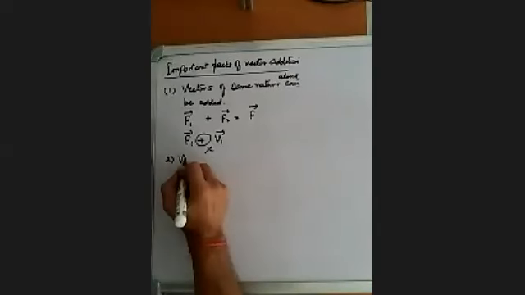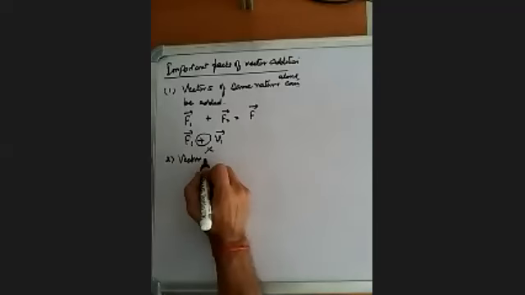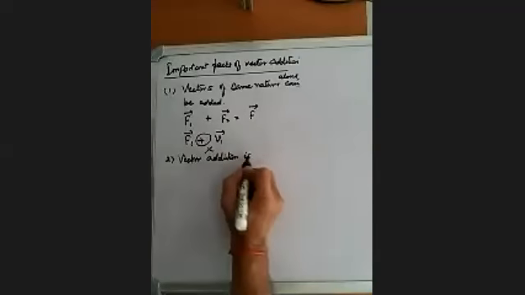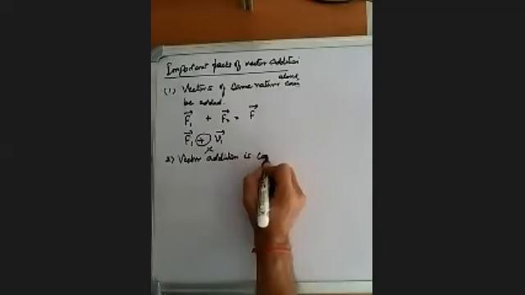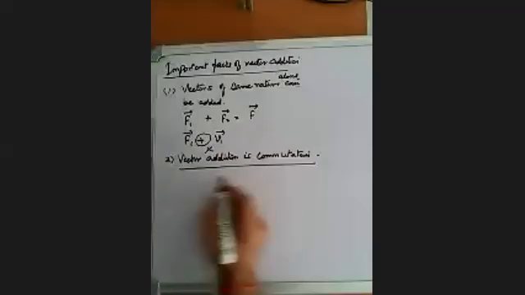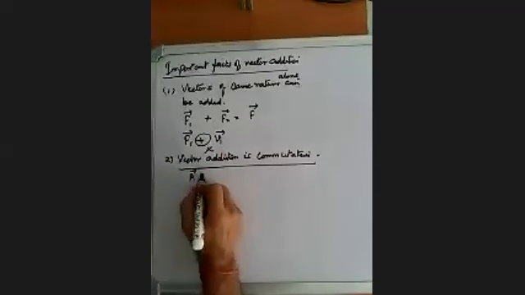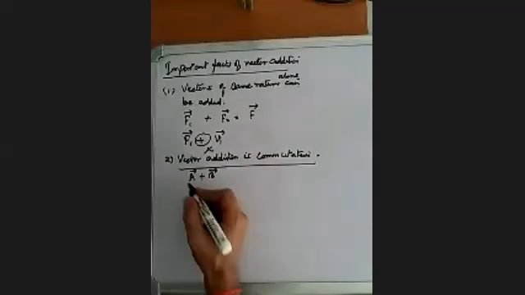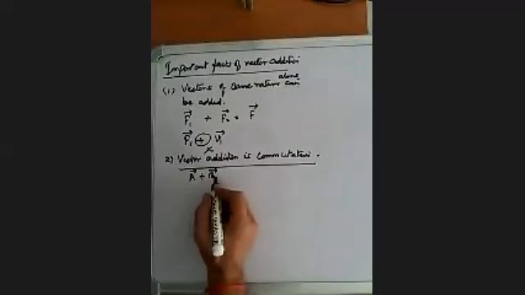Second, vector addition is commutative. So what is the meaning of commutative? Suppose we have two vectors, vector A and vector B. We add these two vectors, A plus B will be the addition of two vectors.